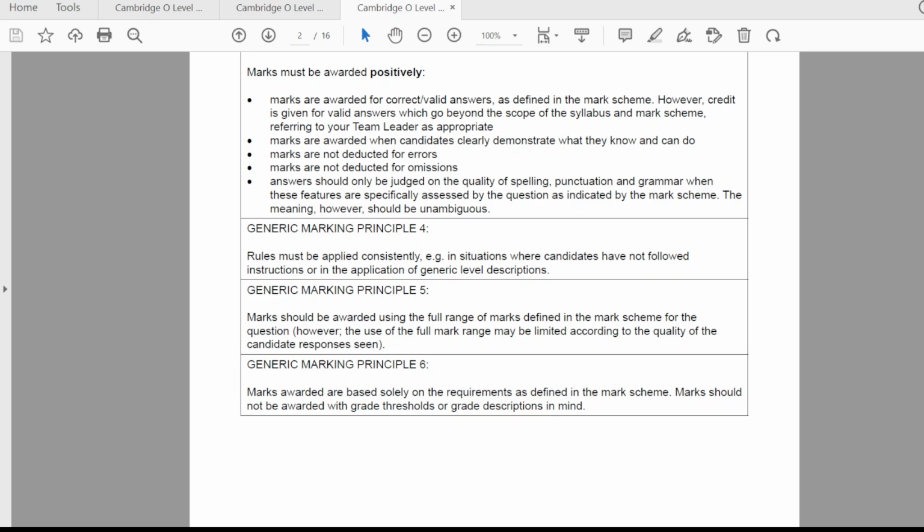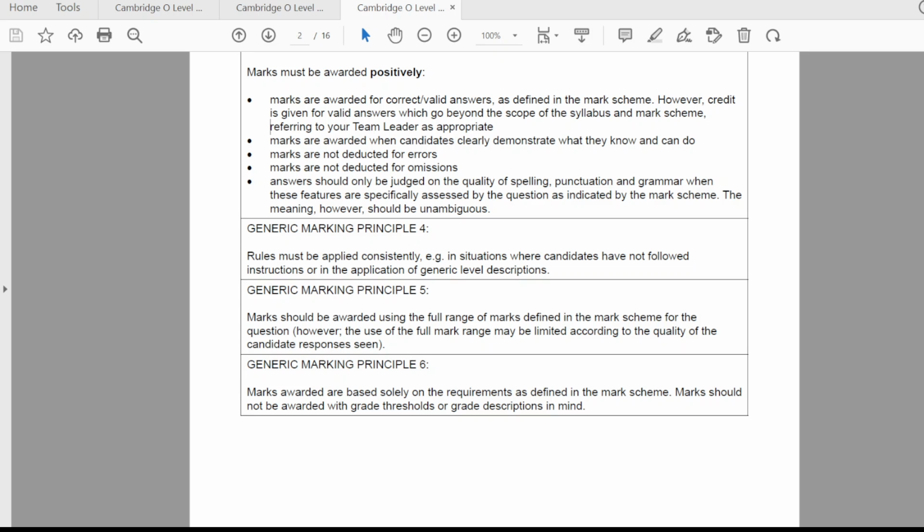So if you make a spelling or punctuation or grammar mistake and it's not highly detrimental to understanding what you're trying to say in the answer, then your marks won't be deducted, right? I don't mean negative marking. It's just that you won't lose marks because of those errors, unless the grammar and the punctuation and the spelling is what is being assessed. If that is the focus of the question, then obviously you lose marks if you get it wrong.